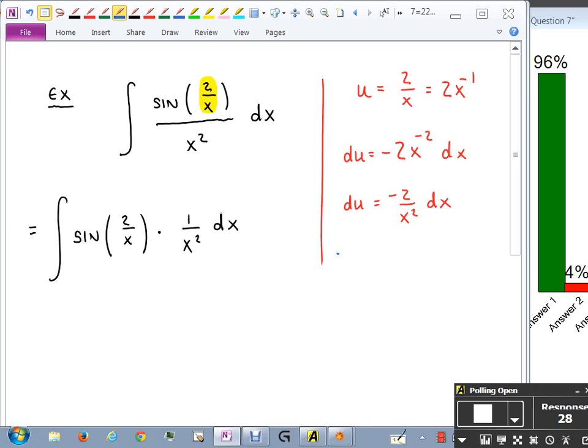So back here, I'm going to go negative 1/2 du equals, when I do that on this side, I get 1 over x squared dx. So this matches this now. And this was my u. I divided by negative 2. That's what I did on both sides here. Divide both sides by negative 2, which is the same as multiplying by negative 1/2.